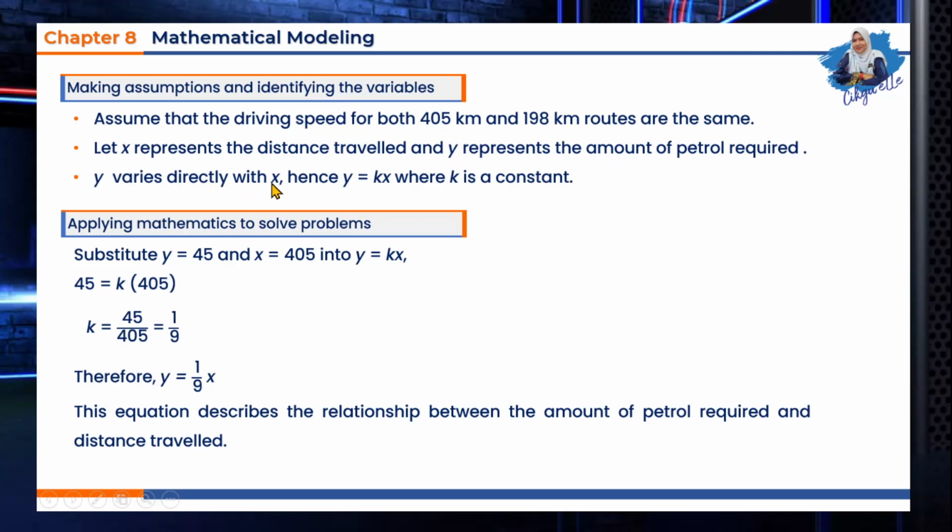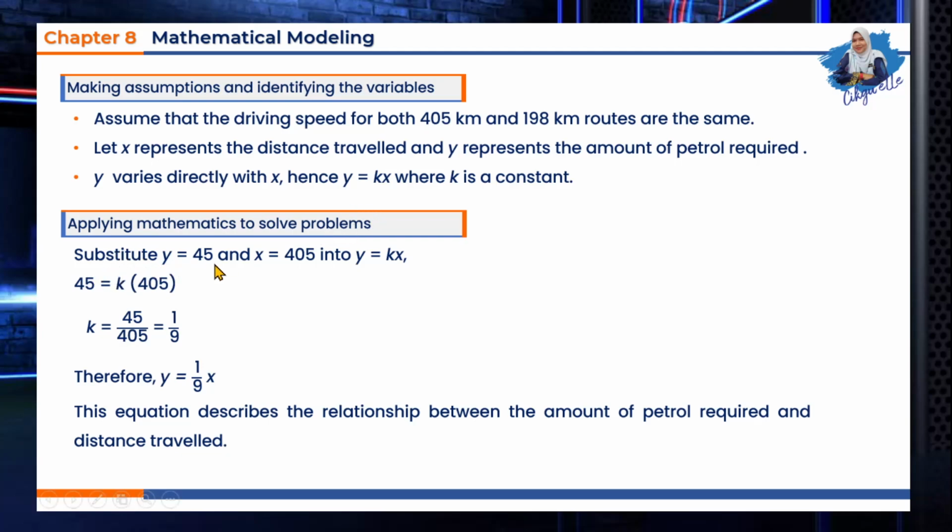Then we use the knowledge of variation. y varies directly with x. Hence, y equals kx, where k is a constant. This one you have learned before. The third step is apply mathematics to solve. So you use your knowledge about variation.